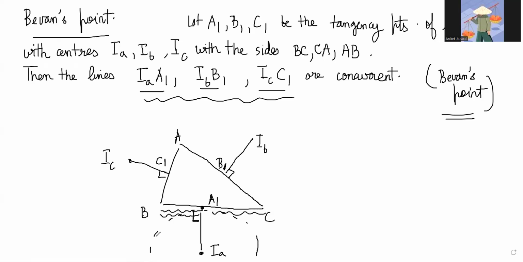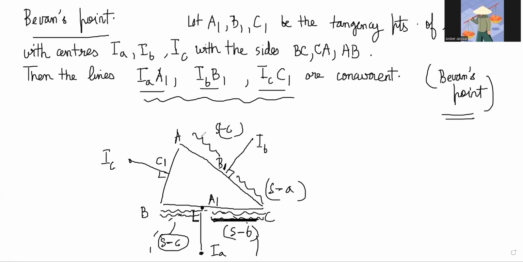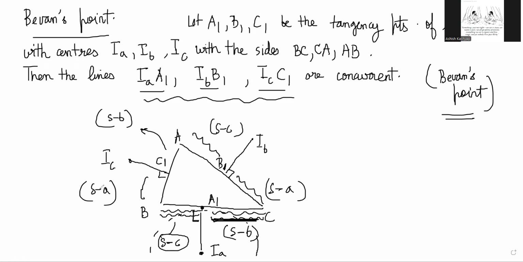S minus B, S minus A, S minus C, and S minus B. That one, AC1, is S minus A. It is clear that the Carnot's theorem expression will become zero because all the distances are symmetrical.